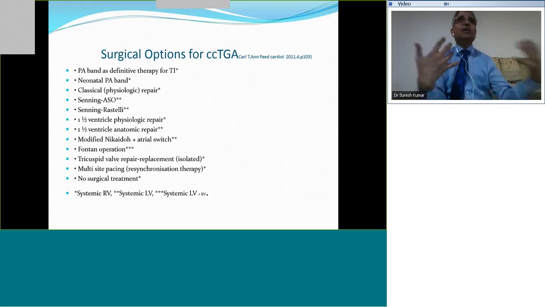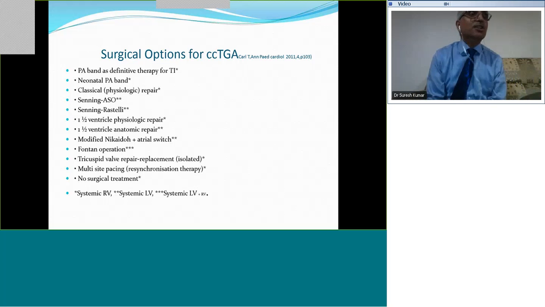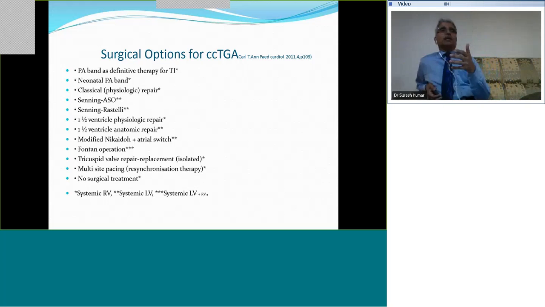You're doing a right-sided ventricle to PA conduit for a CTGA VSD PS. These are the classic or the physiologic repair. You could do a Senning with an arterial switch operation, which is the double switch operation. This I'll explain with a cartoon shortly.